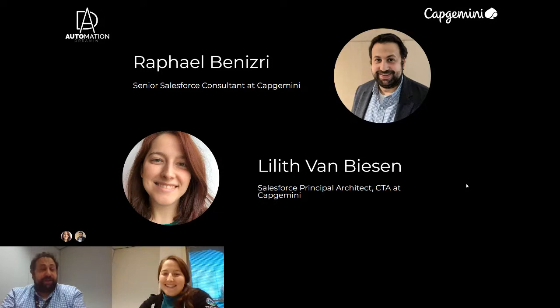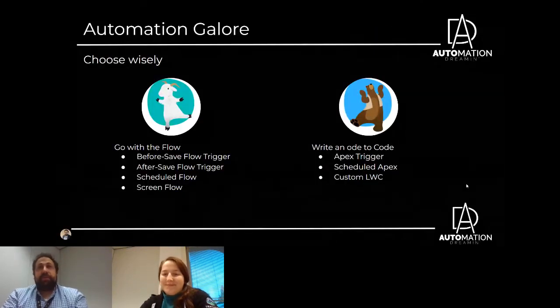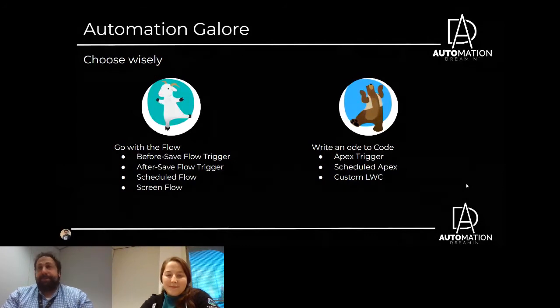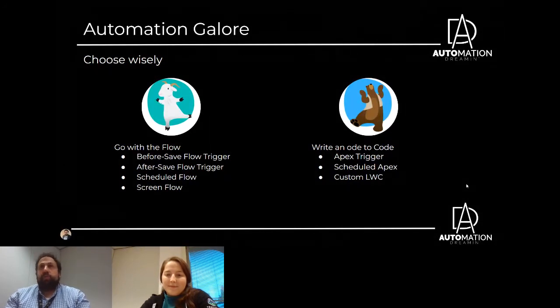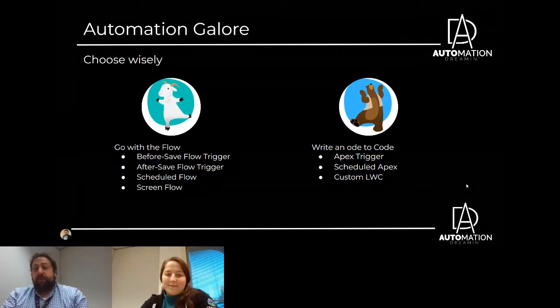As Lilith briefly mentioned in the intro, we have a lot of tools and automation possibilities with Salesforce. But if we look at the evolution of the tools Salesforce has put at our disposal, workflow rules have been completely decommissioned, and Process Builder is on its way of being decommissioned, we remain with two major automation possibilities: the declarative option, which is Flow, or the pro-code option, which is code.